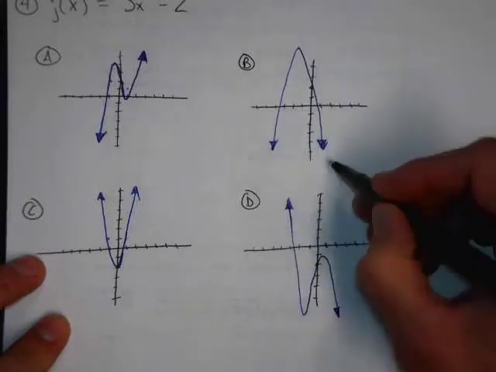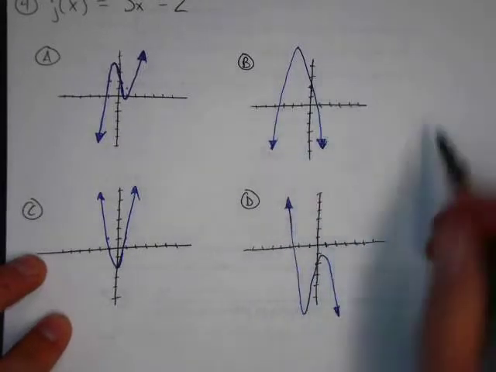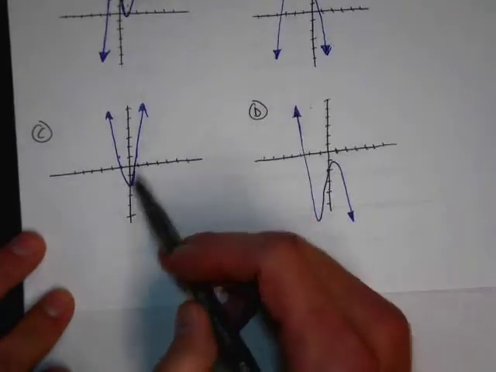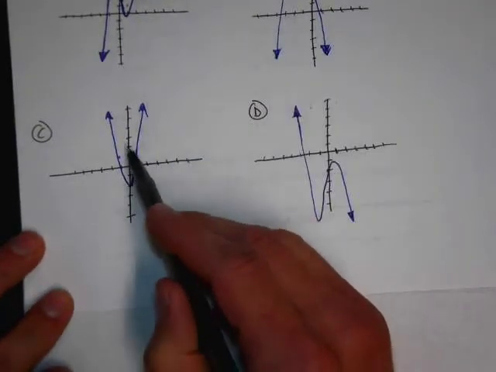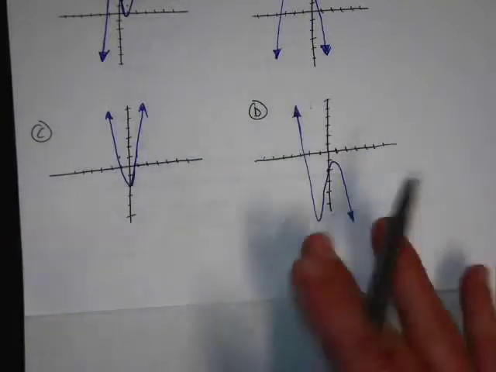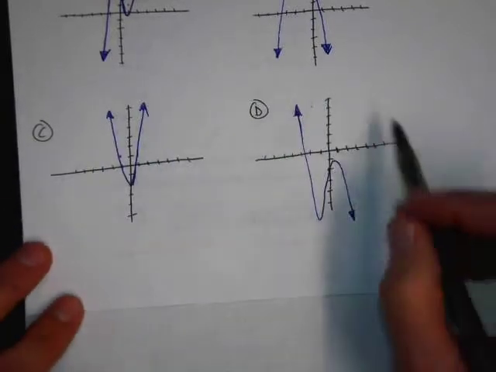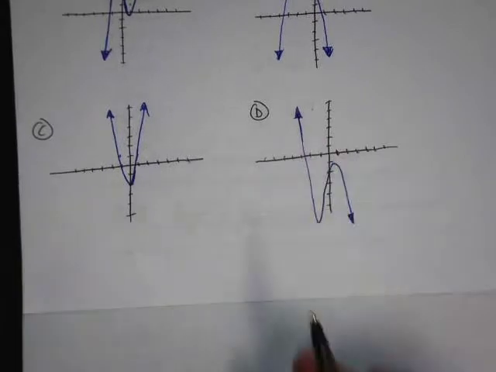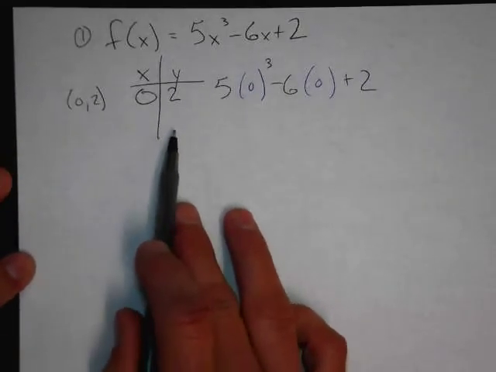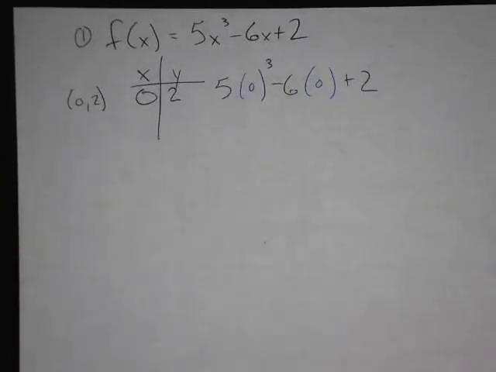The graph of B crosses through 0, 2 as well. So it could be A and it could be B. Could it be C? Well, remember the ordered pair we just found is 0, 2. No, this graph in C does not pass through 0, 2, so it cannot be C. And it's the same story with graph D. It cannot be graph D. So right now, on this one ordered pair, we have discovered that it's either graph A or graph B.